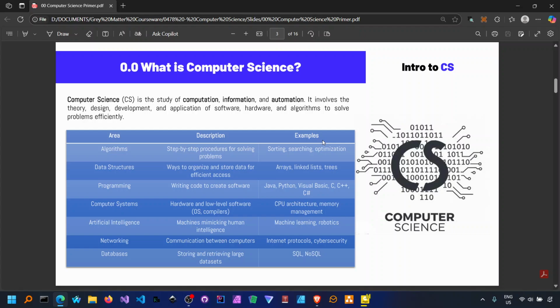So what is computer science? Computer science is the study of computation, information, and automation. Computation is whereby we are talking of calculations. For the most part, the data that we work with, let's say you are taking a photo or typing a document, essentially there is some sort of calculation going on, as you shall come to appreciate as we proceed with the course.